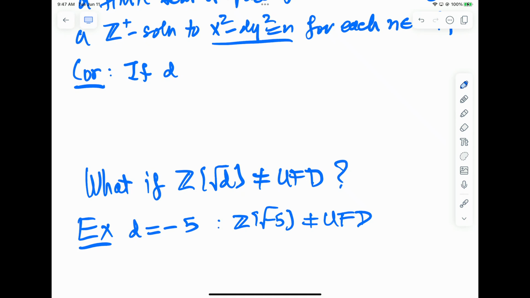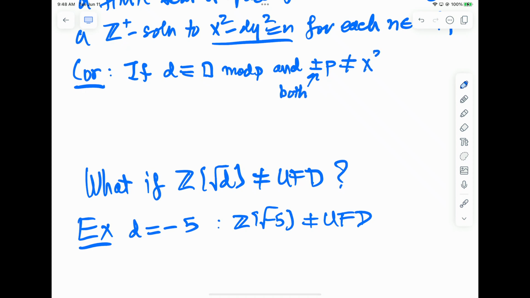So if d is a square mod p, and plus or minus p, and now I really mean both of them, not one of them, is not of the form x squared minus dy squared, then we've just shown that Z[√d] does not have unique factorization.